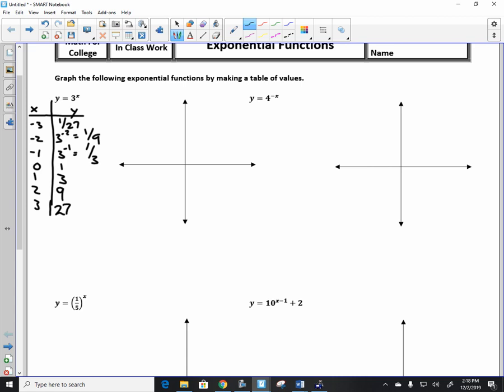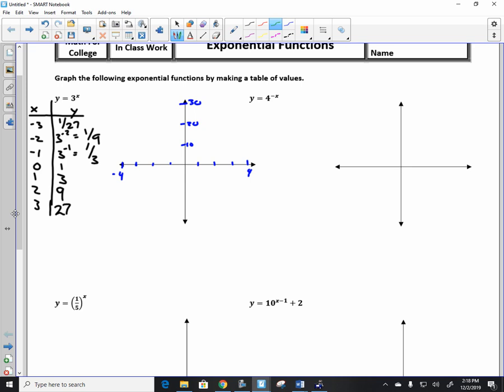So I'm going to make a little chart here. 10, 20, 30. 1, 2, 3, 4. And this is part of the pattern that you want to notice. Look at these y values.